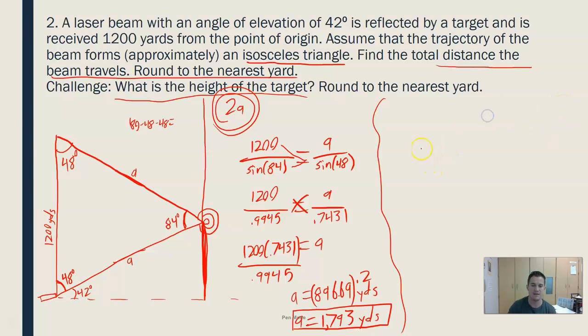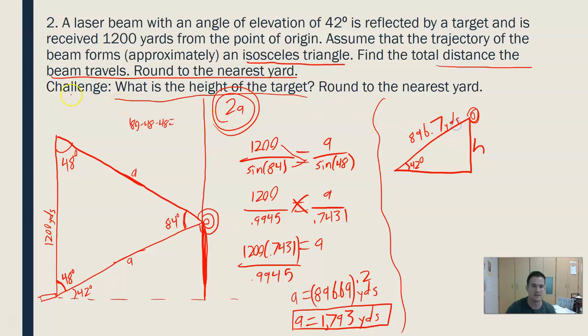I want to find the height of the target, so I'm going to go ahead and draw this little mini triangle right here, just like this section right here, with the target up here, where I'm trying to find the height. This angle right here, the angle of elevation, was 42 degrees, and I just found that side A was 896.7 yards.